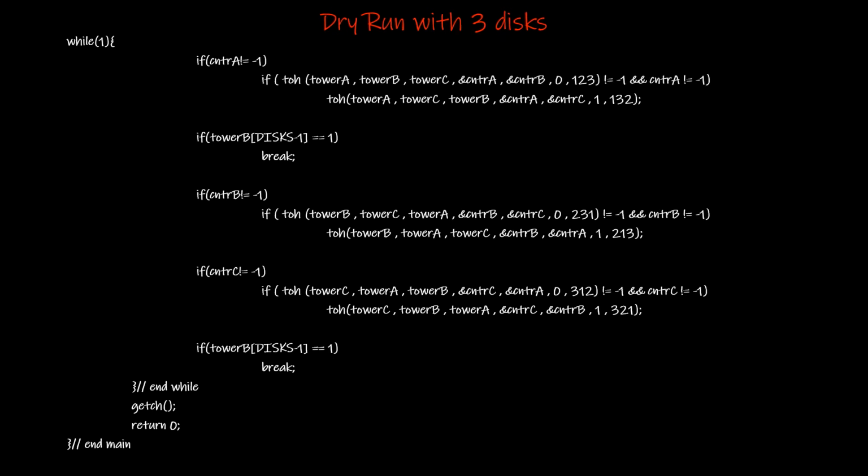The if condition within this if condition is executed, which has a call to a TOH function with the values tower A, tower B, tower C, that is addresses of these arrays, then address of counter A and address of counter B, value 0 and 1, 2, 3 for order. So now the control will go to the TOH function.